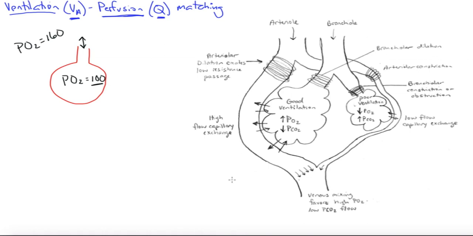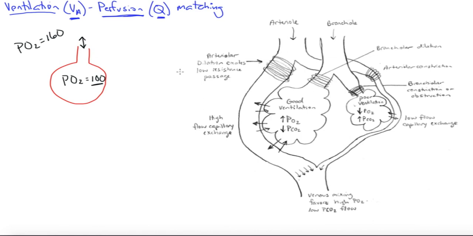Now, we said that this is 100, and that's true. When you're lying down, every region of your lung is probably about 100. When you are vertical, there's a gravitational effect. Pulmonary blood pressure is really low, and so at the top of your lung, the blood flow is low relative to the airflow, and you end up with a high ventilation to perfusion ratio.